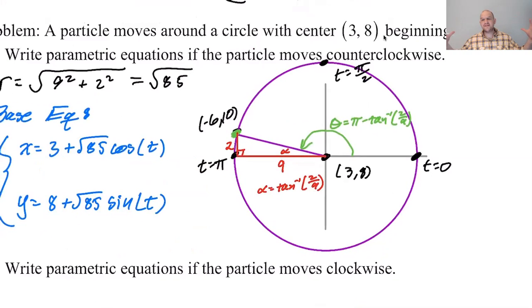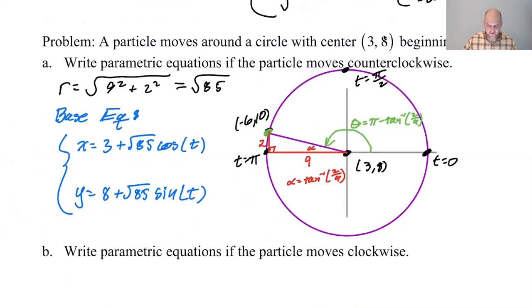What does that mean? That means if we start the timer at 0 and let it count up, at 0 you're here. Counting, counting. At pi over 2, you're here. Counting, counting. At pi minus arctan of 2/9, you are here, and then you keep going.